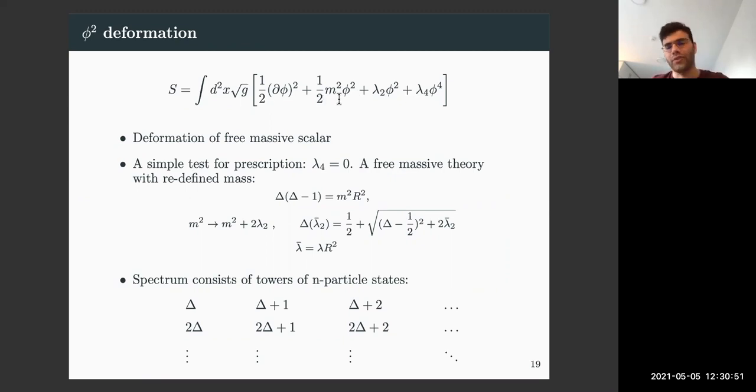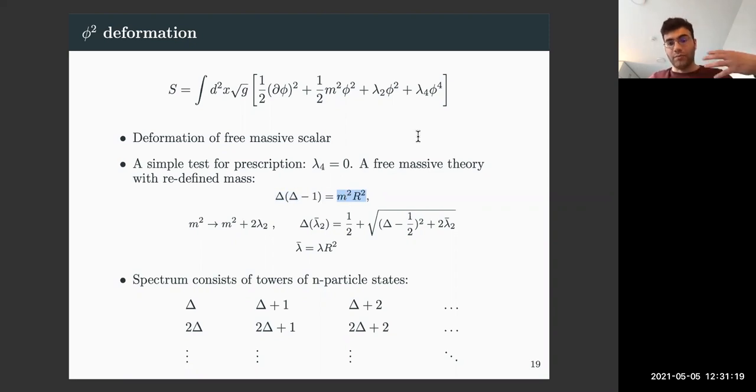Before studying phi 4, let me set lambda 4 equal to 0 and study this simple test of the prescription, as we know that the phi squared term is just a redefinition of a free massive theory. Here, the delta I'm using is related to the bare mass with this relation, delta times delta minus 1 equals m squared r squared.